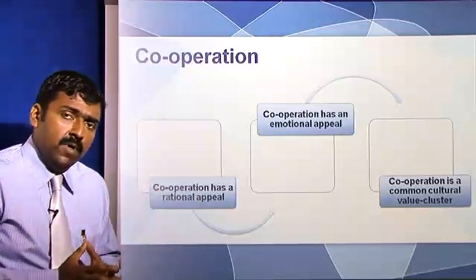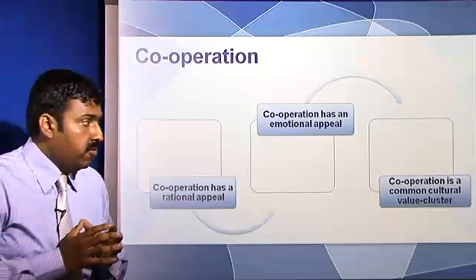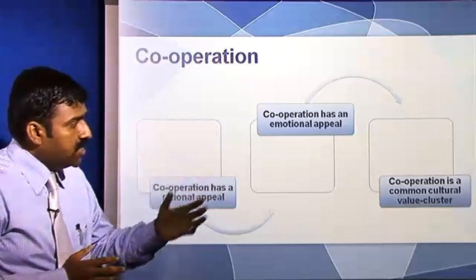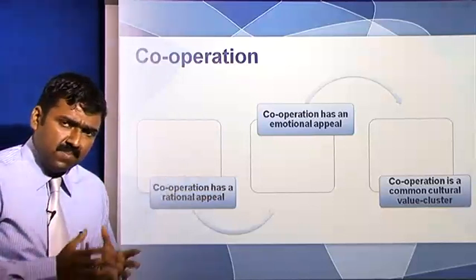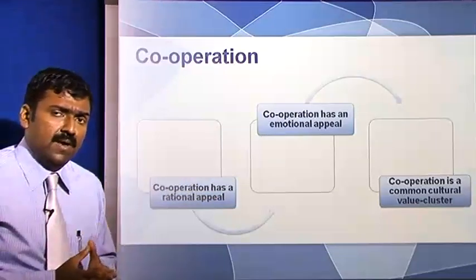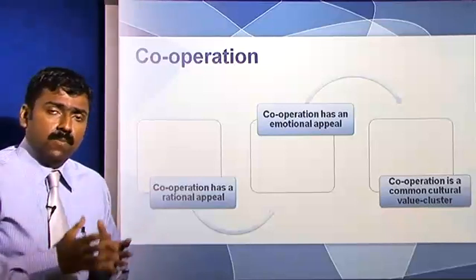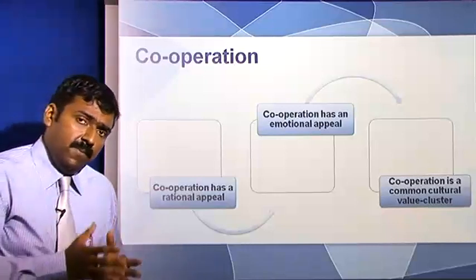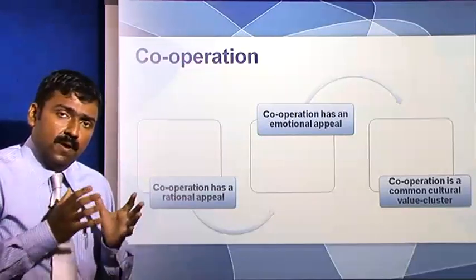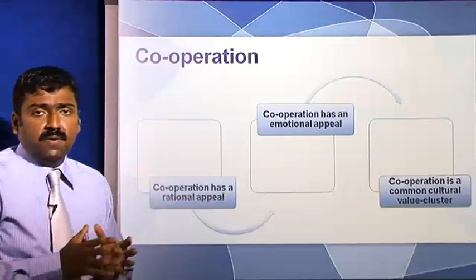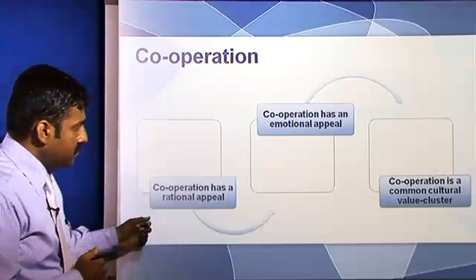Cooperation gives you an avenue to resolve your disputes so that you can move forward, and cooperation is a common cultural value cluster, which means that cooperation is considered a core value. For example, in Japanese or Swedish industries, you have team working and a high level of interdependence of work groups. It's a key value which defines their working styles. So cooperation defines your success.